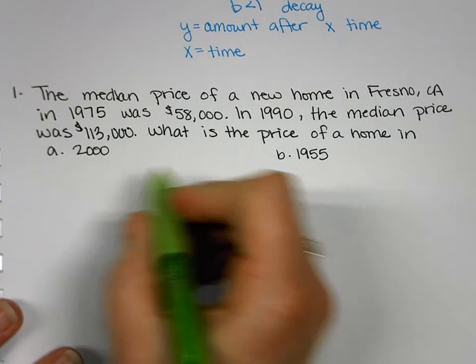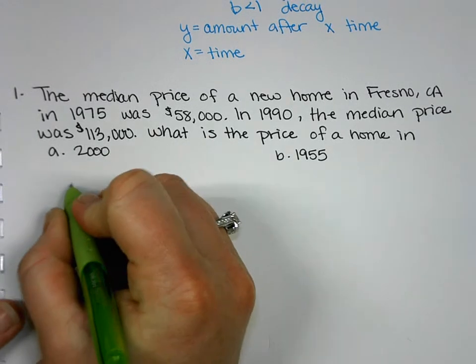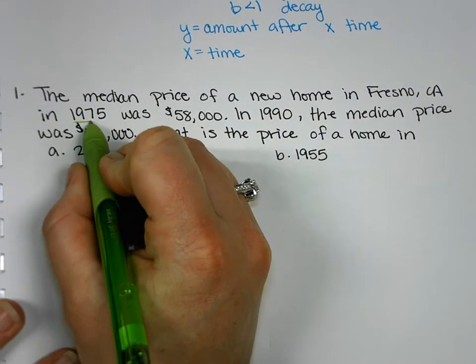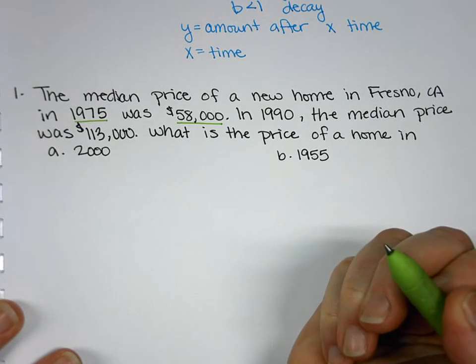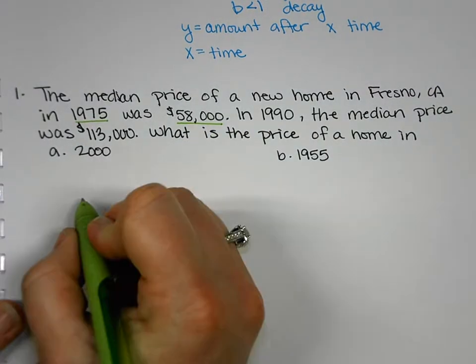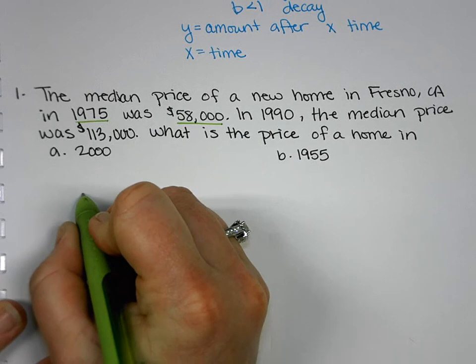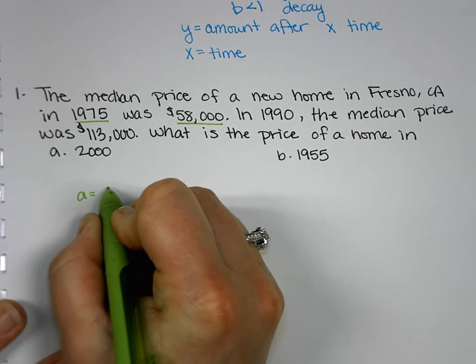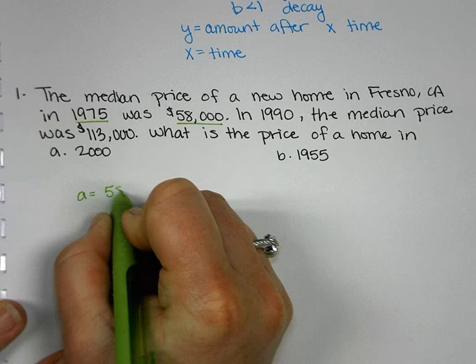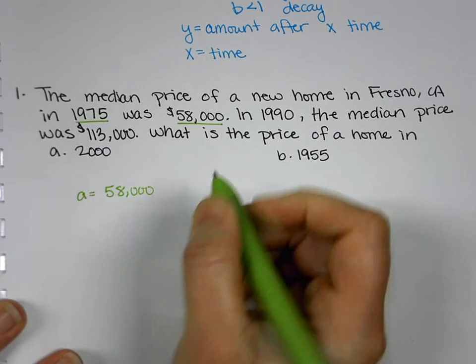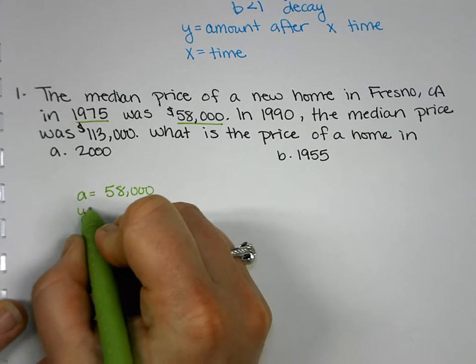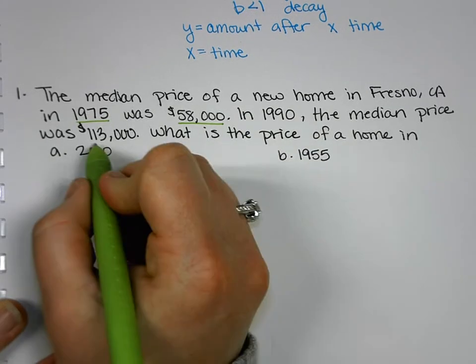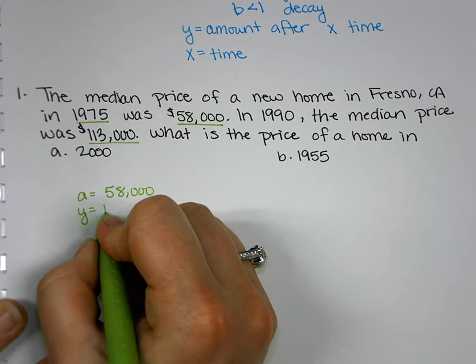So let's see, I'm going to use 1975, that's my initial year with my initial cost. So 58,000 will be my A. I know that my ending cost, so Y, will be 113,000.